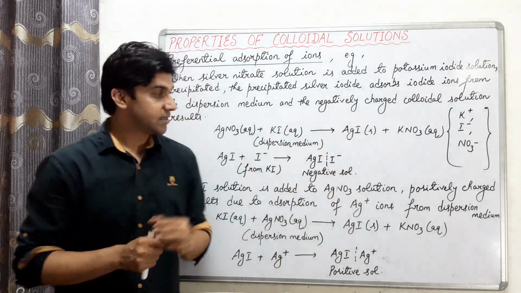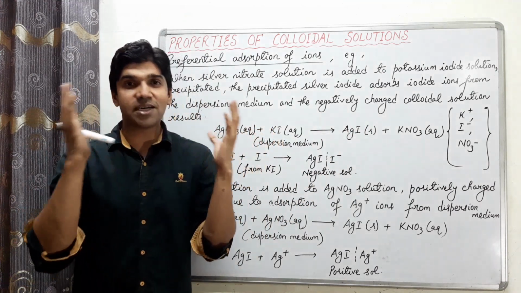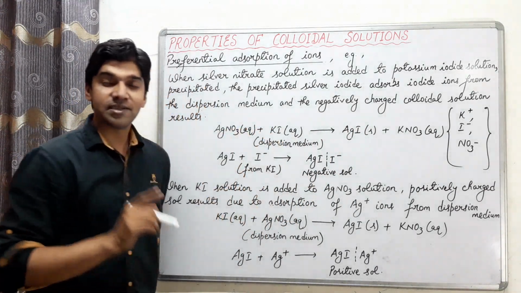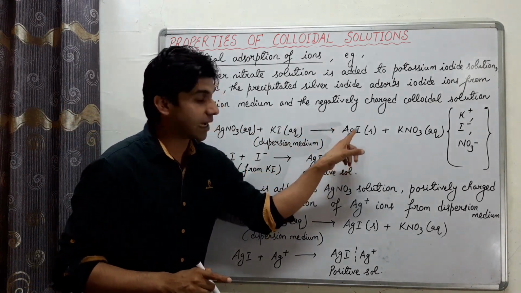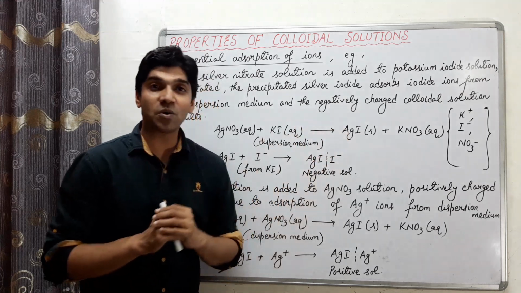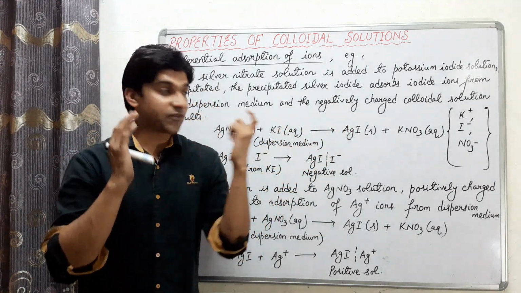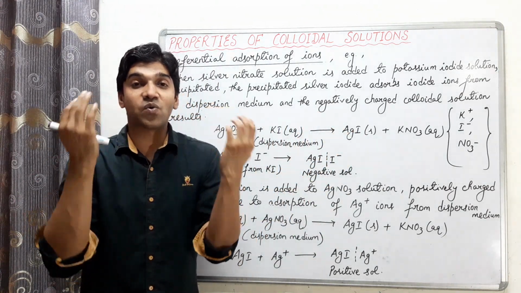In this case the dispersion medium is potassium iodide. Which ions are in it? Potassium ion and iodide ion. And in the particles of the colloid, which ions? Silver ion and iodide ion. Which is common to both? Iodide ion is common. So this freshly prepared precipitate of silver iodide will acquire which ion?